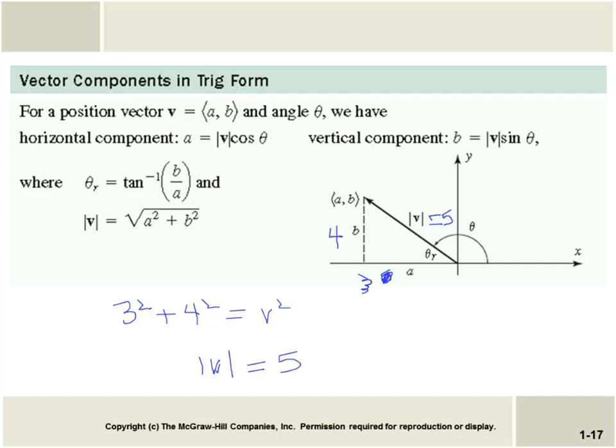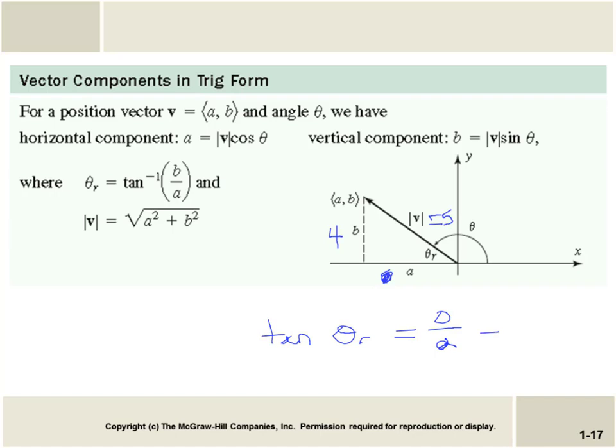And just like we did with polar, we have exactly the same thing for our reference angle. I can say that the tangent of the reference angle is equal to the opposite over the adjacent, right? Y'all know that rule. So this would be 4 over 3.